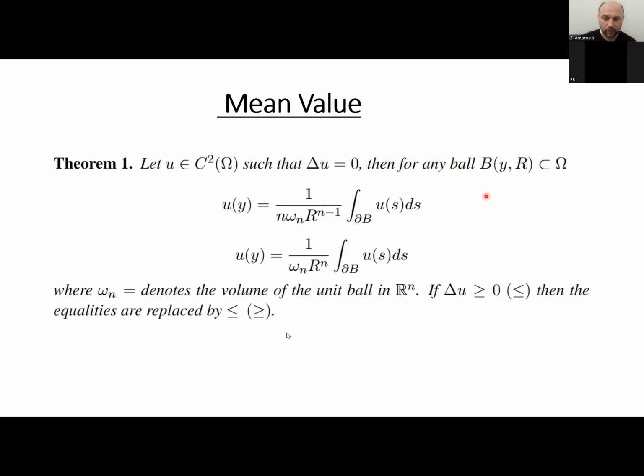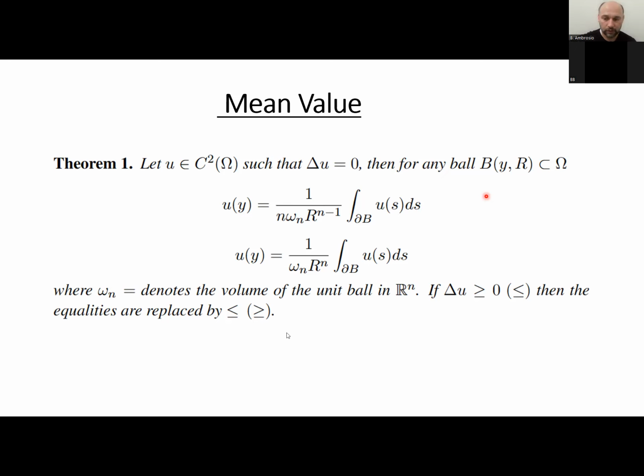But then in this case, this ball here is included in this ball here. So let's write that this is greater than 1 divided by omega n (3r)^n and the same ball. So why is that? Let's just write it for a couple of seconds here.